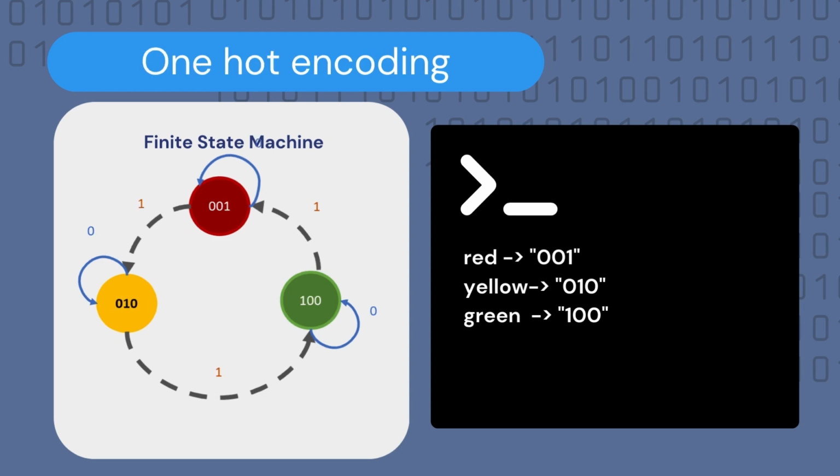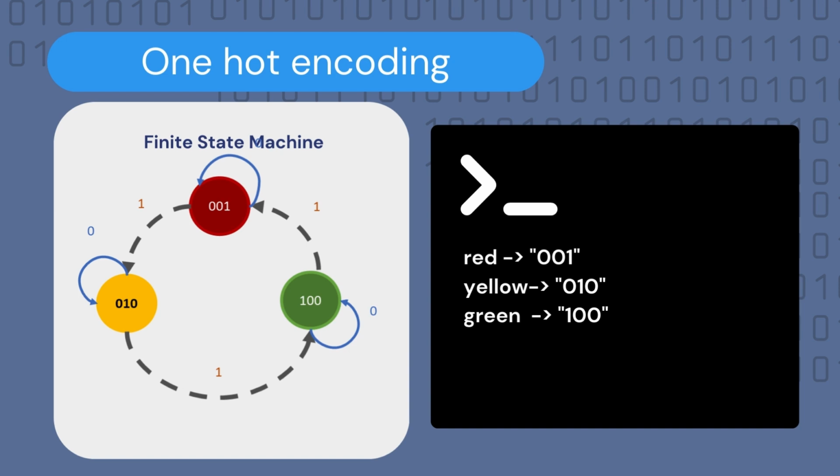And we have the one-hot encoding, which is a faster iteration than the binary encoding, as it converts the categorical variables into a binary format, and that essentially means we create one binary column for each new category.